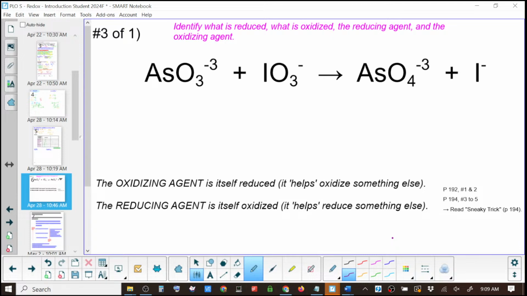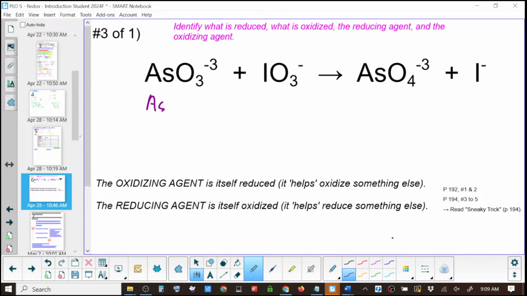However, if we wanted to figure it out from first principles, the way you're doing it on your sheet, what is the oxidation number of AS in here? Plus 3.